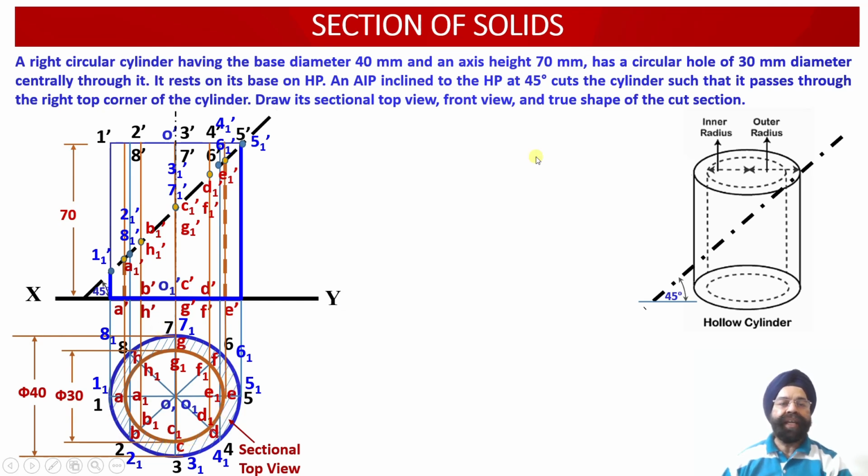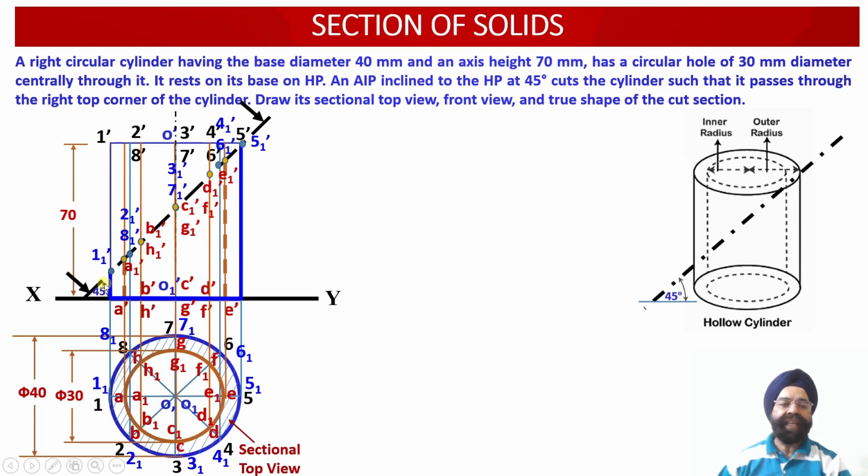Now we are required to obtain the true shape of the cut section of the cylinder over here. Now we have to look at this cut portion of the cylinder from this orientation. We know that this is the remainder portion of the solid which is left behind, right? So we have darkened this portion as well, and now we are going to draw the true shape of this cut section.